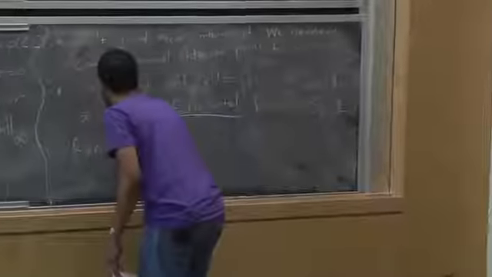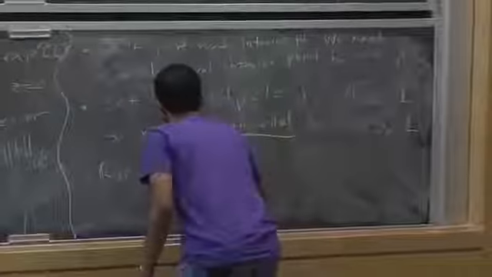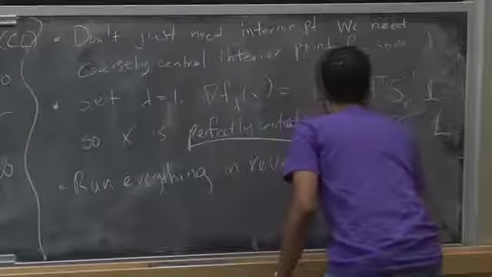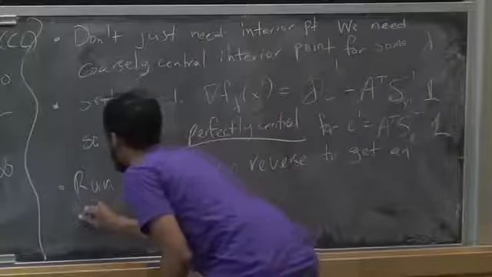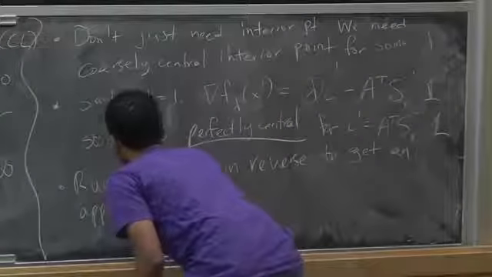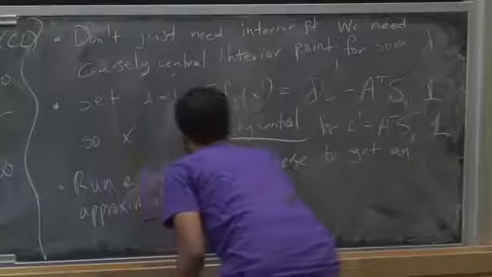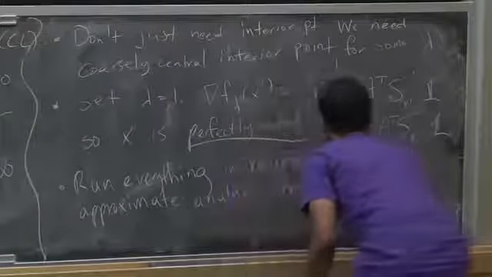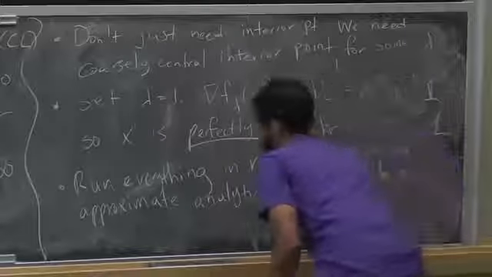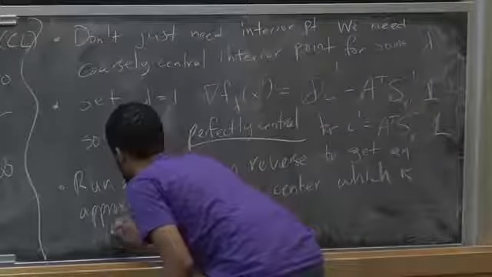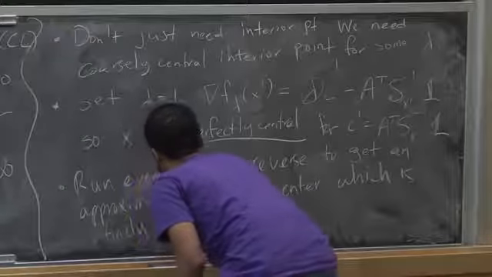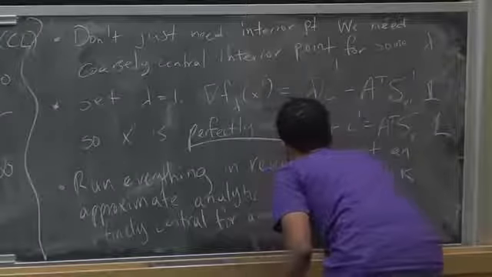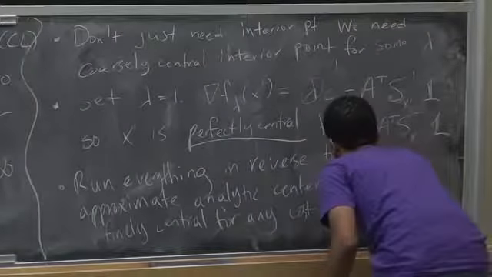So now run everything in reverse to get an approximate analytic center, which is basically finely central for any cost function of bounded precision.